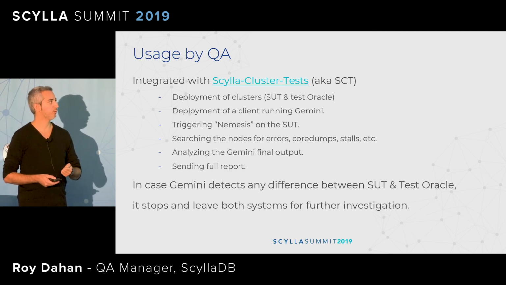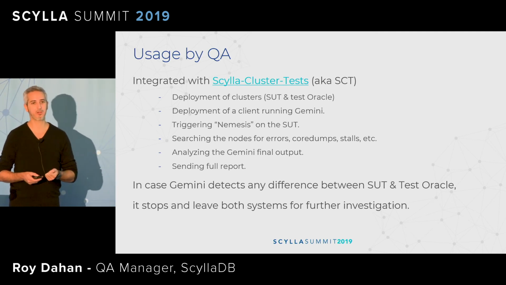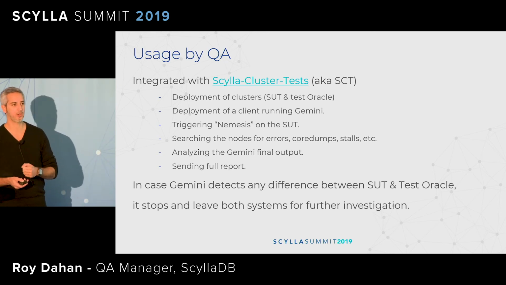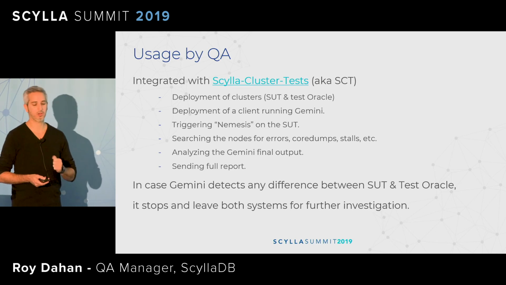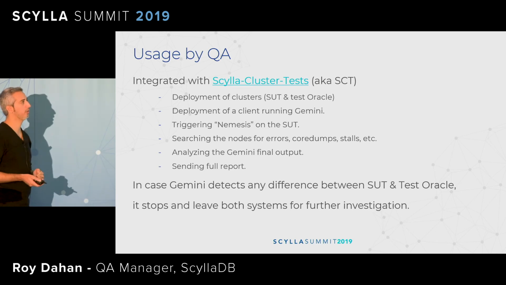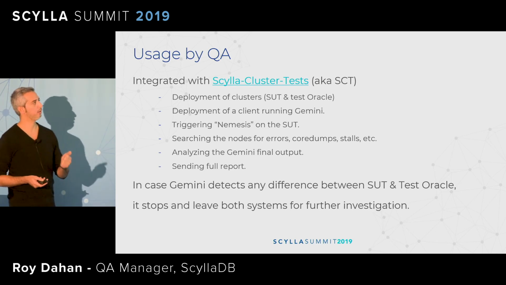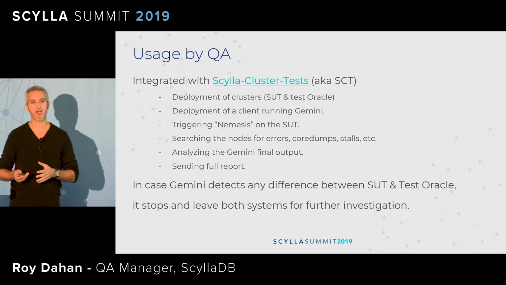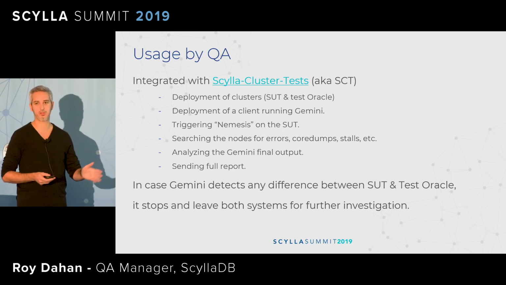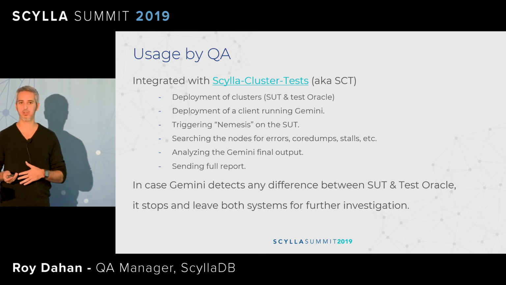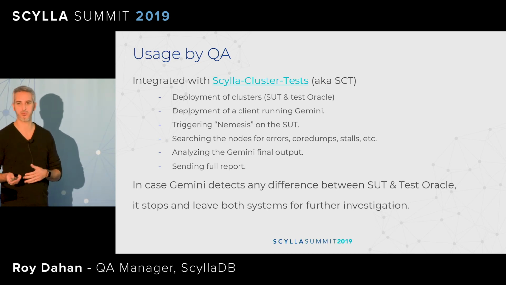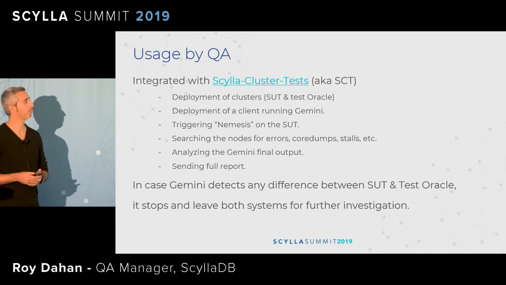It triggers what we call Nemesis. Nemesis is a concept that we took from the Chaos Monkey approach. It is also part of my session that is in the link there. The Nemesis can be either disruptive operations on the system under test, or administrative operations that are non-disruptive, usually like nodetool commands, repair, refresh, things like that.